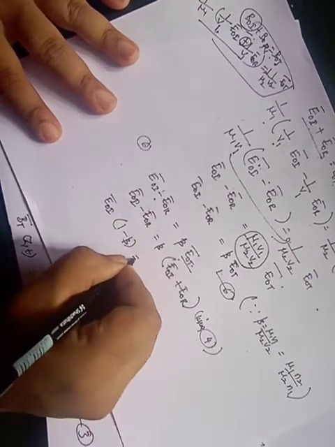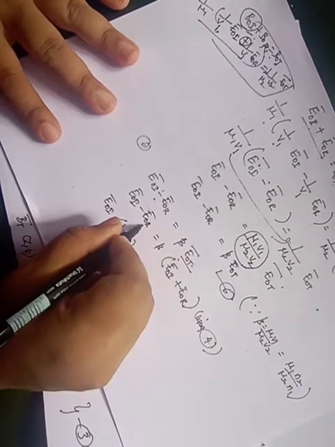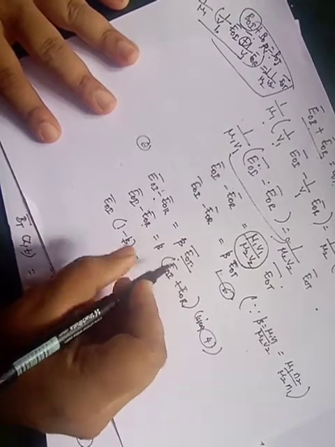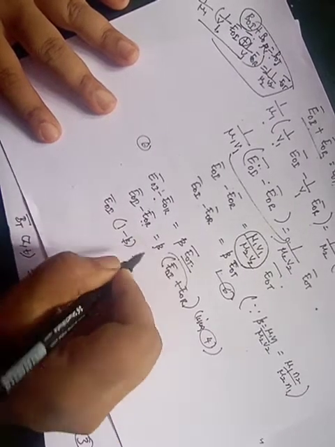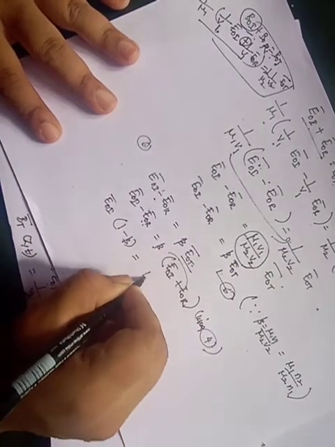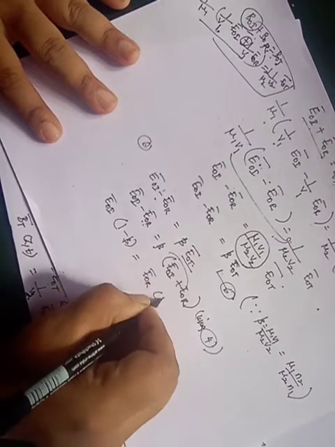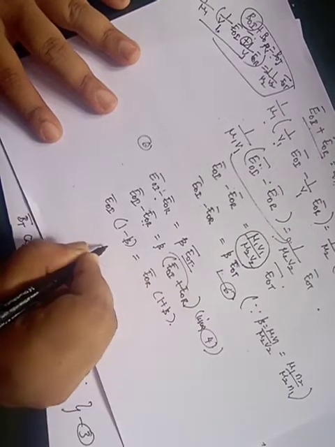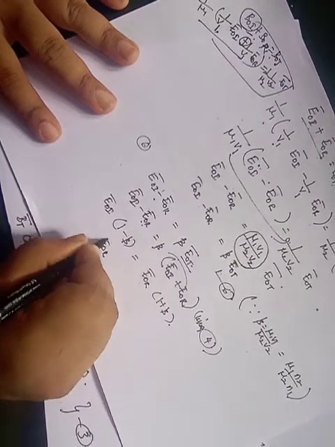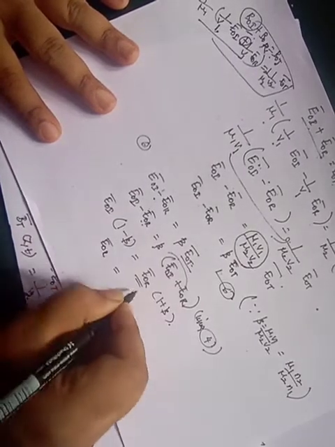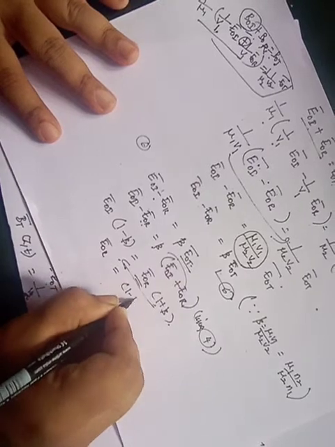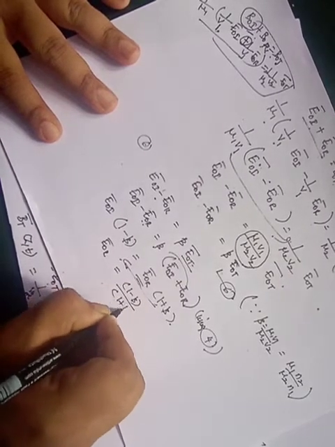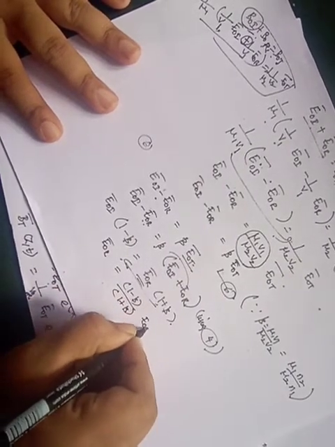So 1 minus beta, which is equal to E naught R. If it goes to the right, it becomes plus. So we already have beta E naught R, plus this E naught R. If we take E naught R outside, we get 1 plus beta. So we write E naught R as 1 minus beta divided by 1 plus beta into E naught I.